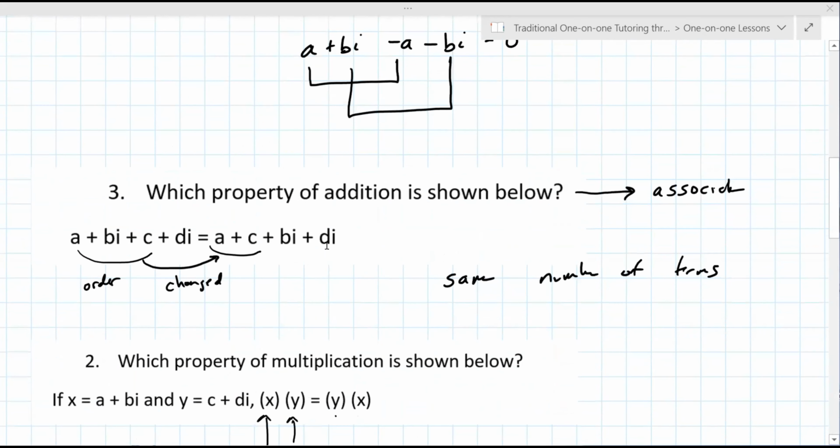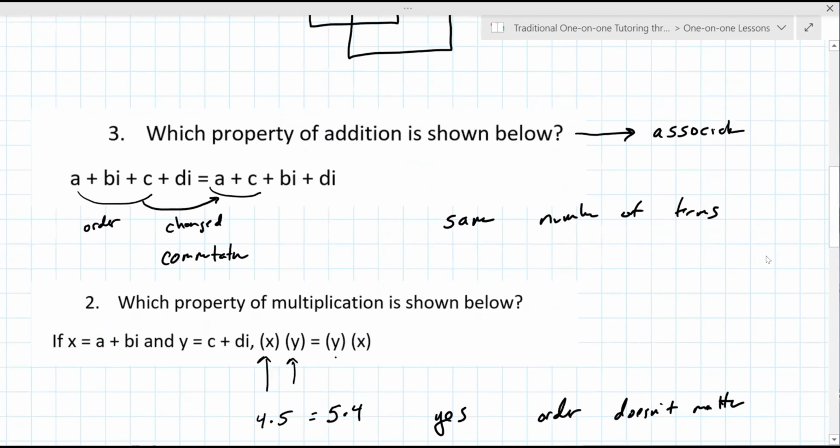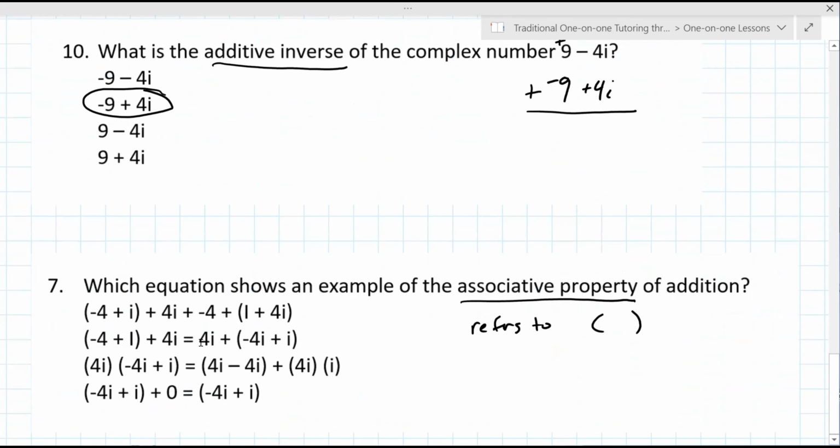Do you see that? Yeah. That's why I feel like it's the answer. If this is all I knew, I would say it's commutative every time. Associative only refers to parentheses. You got to have parentheses to use the associative property. And if you go down here, you got parentheses in every problem.